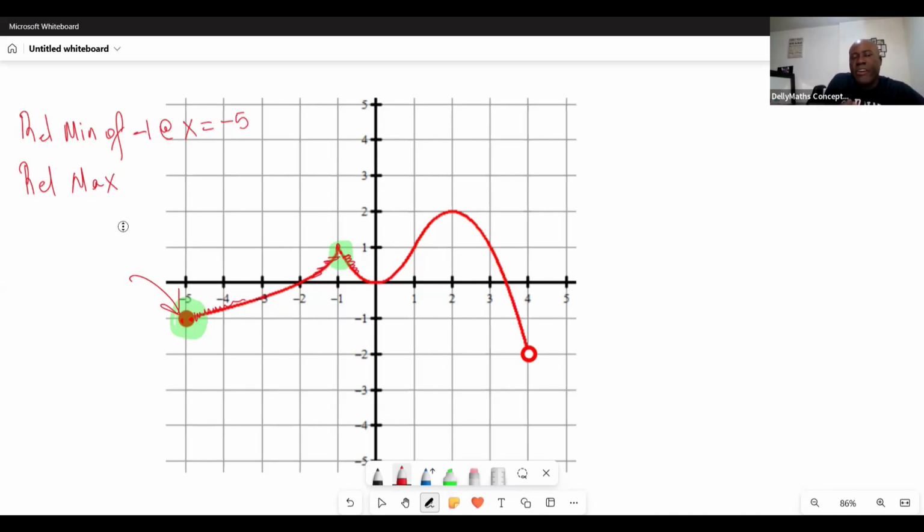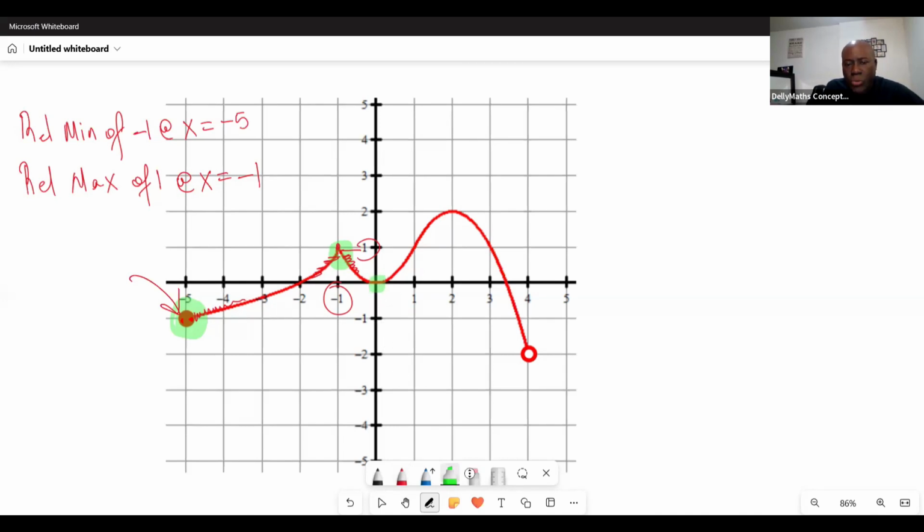So it is a relative max of 1, and it's occurring where x is equal to -1. So at x equal to -1, we're definitely seeing a relative maximum there.